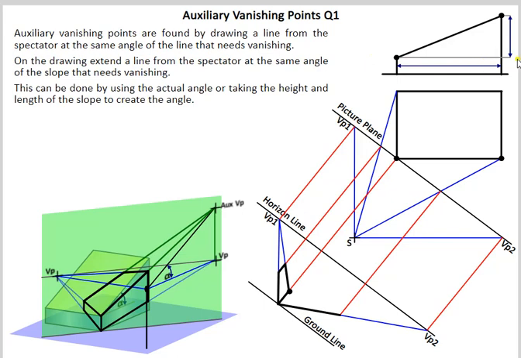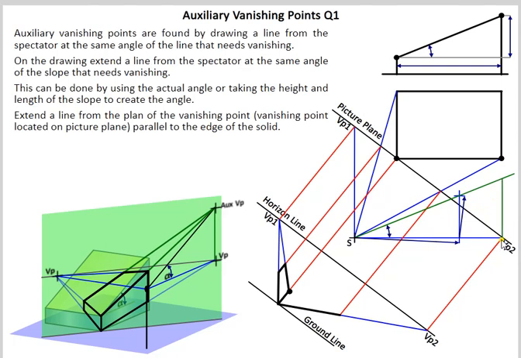So we take a horizontal measurement and a vertical measurement, and we're going to mark it down here from the spectator, the horizontal distance, and then the vertical height. That gives us our angle here. So the angle here, directly above the vanishing point then, so from this vanishing point directly above, we've created this angle.